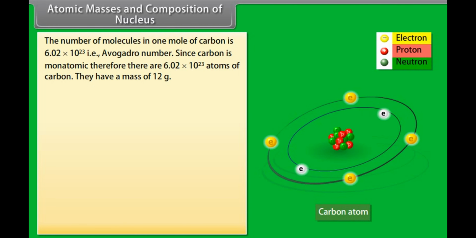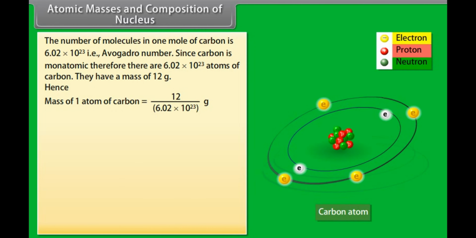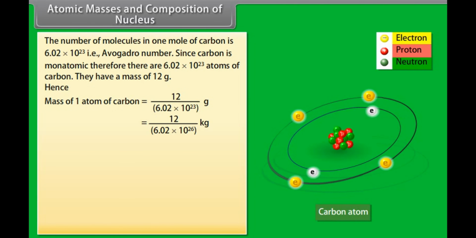They have a mass of 12 gram. Hence, the mass of one atom of carbon is equal to 12 / (6.02 × 10^23) gram, which is equal to 12 / (6.02 × 10^26) kilogram.